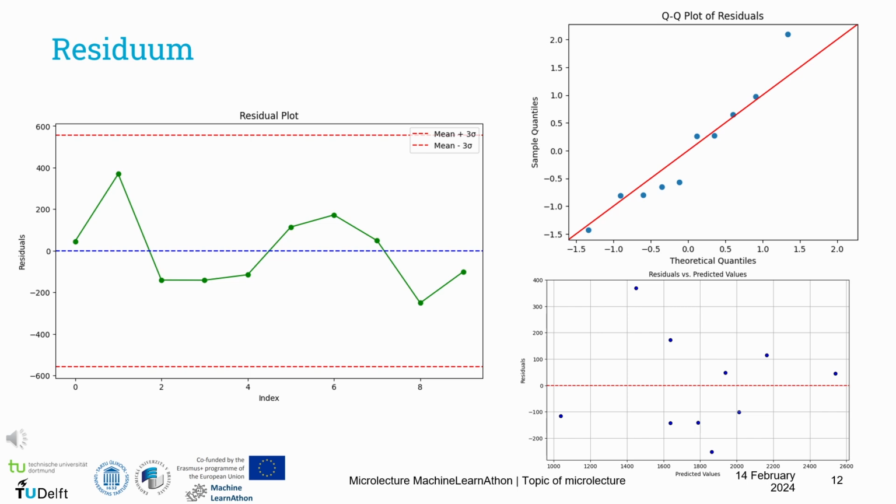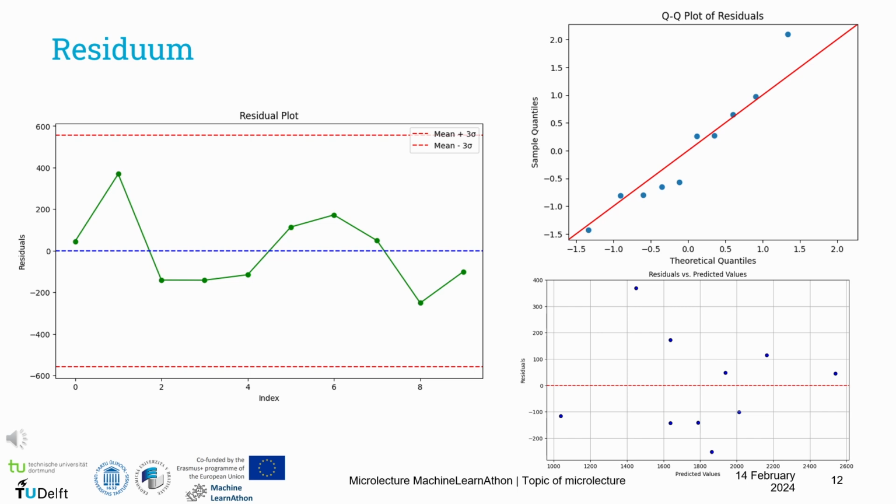The residuum, or residual, is the difference between what our model predicts and what happened. Analyzing residuals tells us how well our model fits each data point. In the top left plot, we see how these residuals vary across observations. Most values fall within ±3 standard deviations, indicating no major outliers. The QQ plot compares the residual distribution to a normal distribution.